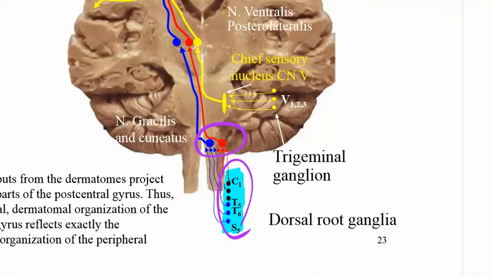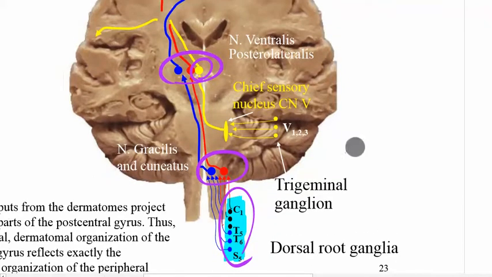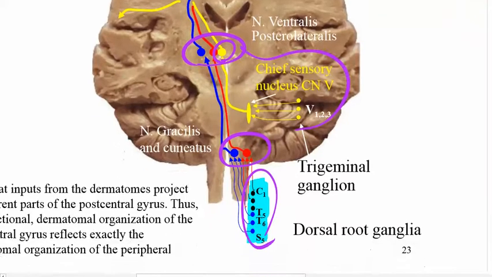And the tertiary cell body is going to be in the thalamus, specifically the VPL. You do have the VPM being involved, but that's for the facial aspect.